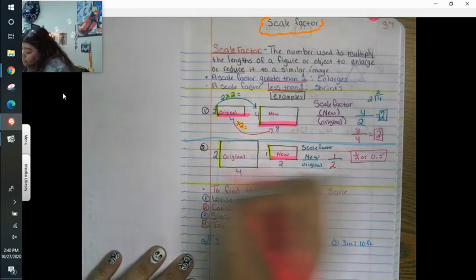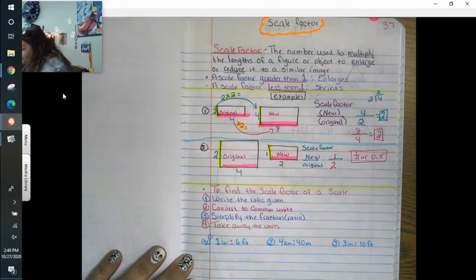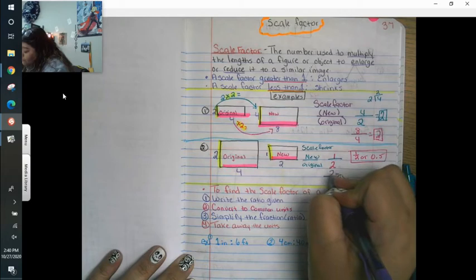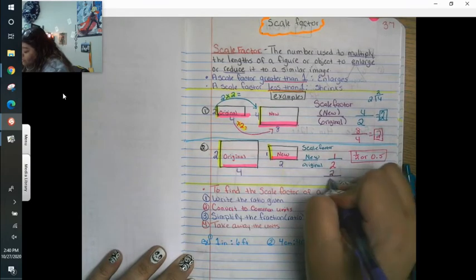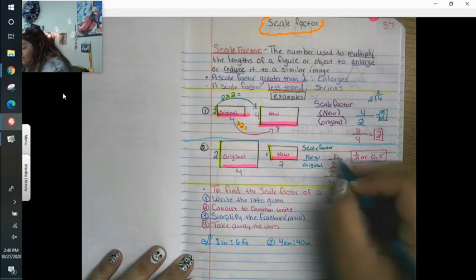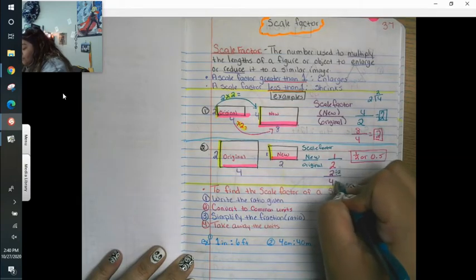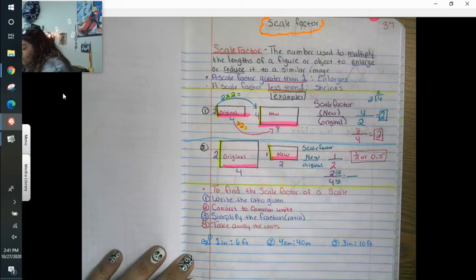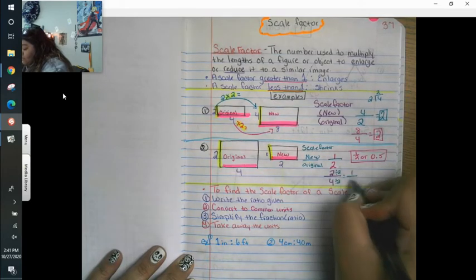Okay. You want to check the other one? Okay, the other one is 2 and 4. So if I get the other 2, the new amount is 2. Original amount is 4. I can definitely reduce this down, can I, guys? I can divide them both by 2. 2 divided by 2 is 1. 4 divided by 2 is 2.